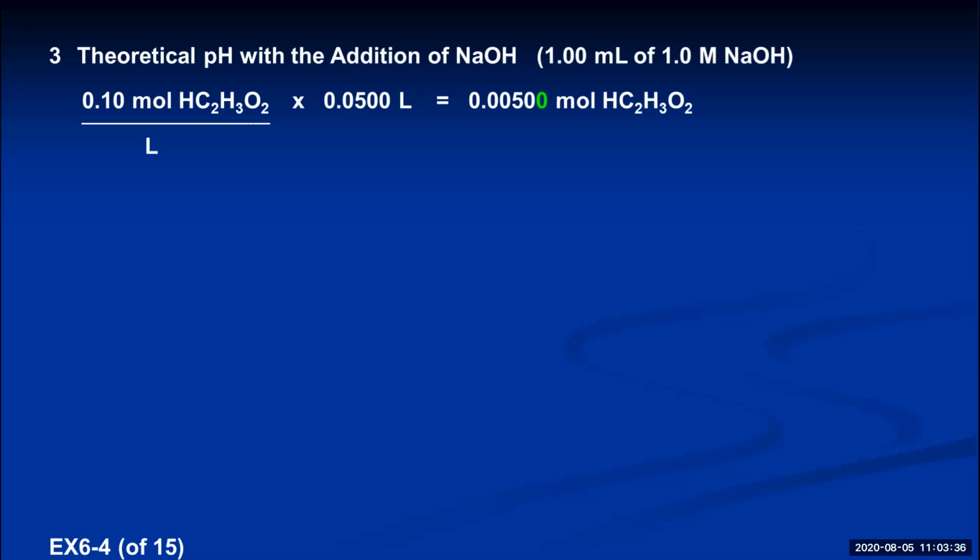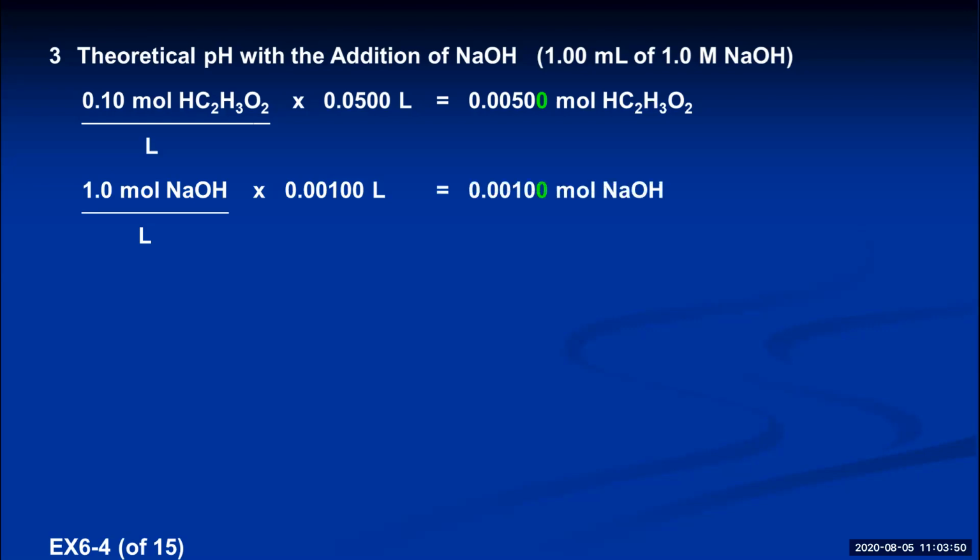Now I'm adding to it instead 1 milliliter of 1.0 molar sodium hydroxide. I'm going to multiply the molarity and volume for that. Molarity 1.0 moles per liter, volume 0.00100 liters. This gives me 0.0010 moles of sodium hydroxide, which is an ionic compound that's soluble in water, which means when ionic compounds dissolve, they completely dissociate.